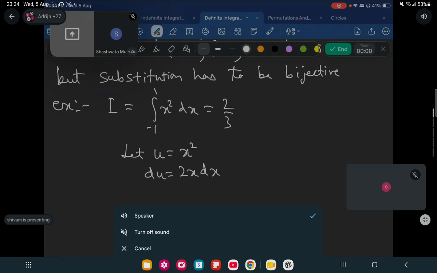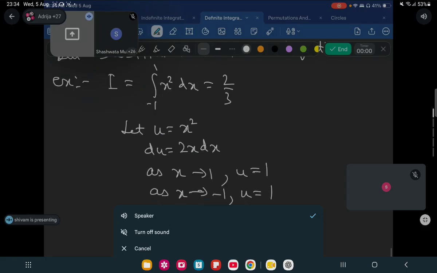And so over here, what do we get? As x tends to 1, we'll get u equal to 1 only. And as x tends to -1, u is equal to 1. Are people getting?